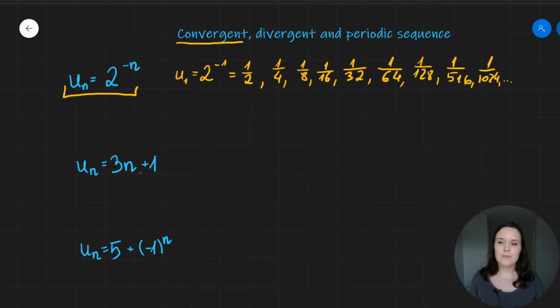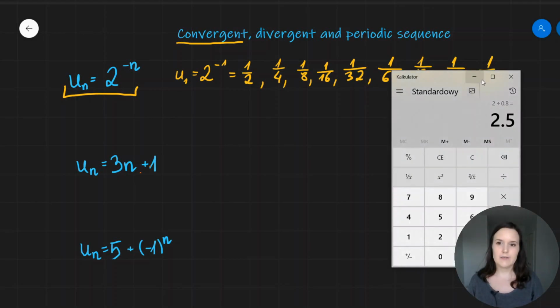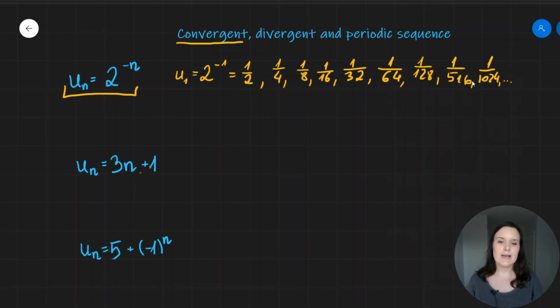Now you might see that when n is getting bigger and bigger, when n tends to infinity, the terms tend to a limit, a number, because they are getting smaller and smaller and approaching a number. I think you will see it better if we list those as decimals. The first one is half, quarter, 1/8.